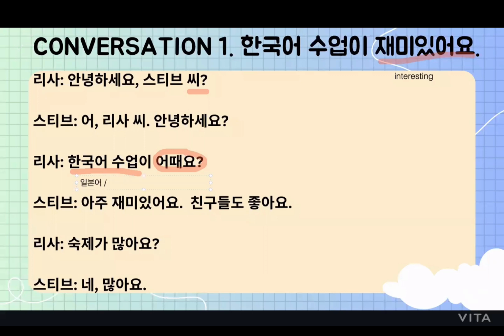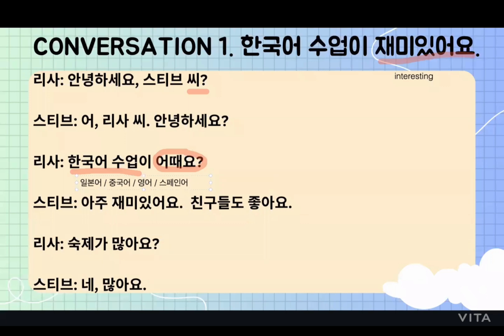We're gonna quickly review the previous lesson. Chinese class, 중국어 수업이 어때요? What about English class? 영어 수업이 어때요? What about Spanish class? What is Spanish in Korean? 스페인 is the country, so 스페인어. You put 어 after the country name.